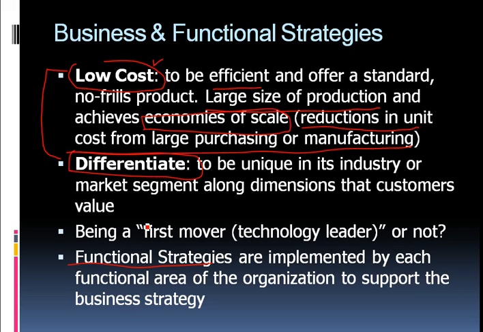Differentiation strategy is to provide a product that has a unique value to the customer. So you can charge a higher price to the customers because your product is unique, not the same as others. Okay? So customers can accept the higher price because they perceive your product is different.